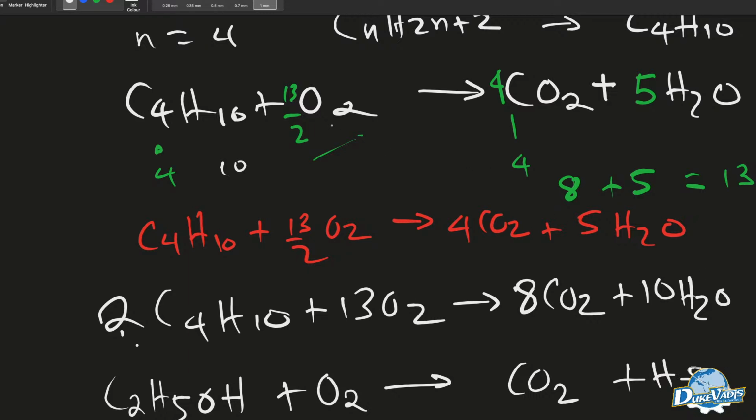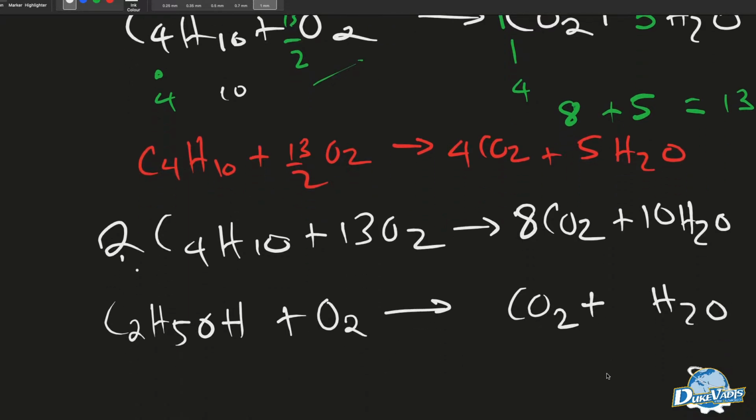Now let's see, how do we balance this one? It's going to be the same. If you look at it, we have 2 carbons here and 1 carbon here. So when we put 2 here, you see we have balanced the carbon.